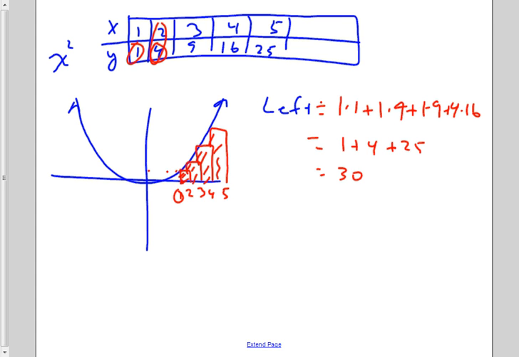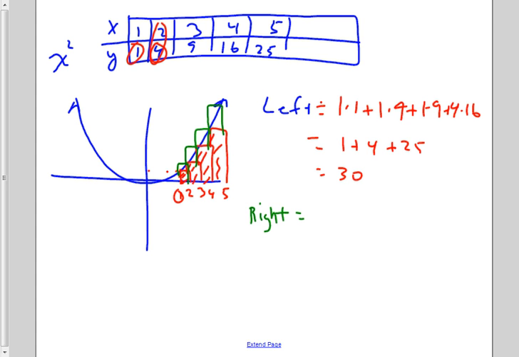What if I used a right bound? Well, if I used a right bound, my value is going to be bigger, and that's clearly visible because my function is increasing. So if I were to use a right bound on my first rectangle, instead of starting at the left here, I'm going to start at the right. So you can see all the additional area.